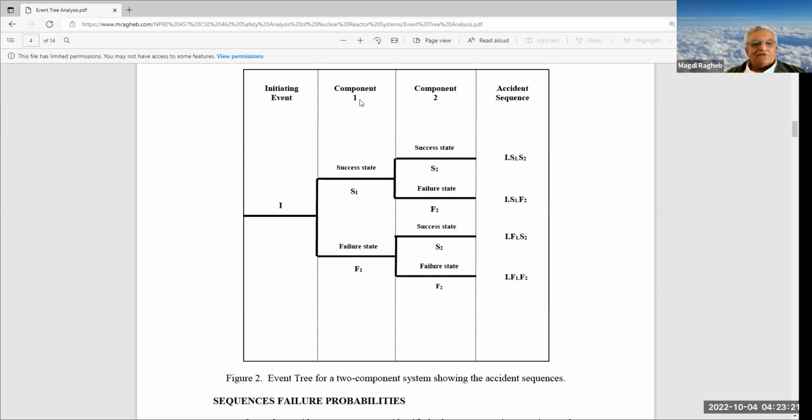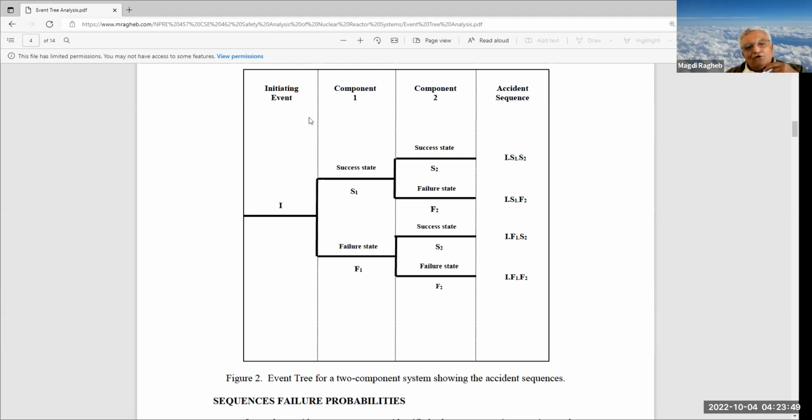And now that's component number one. Component number two also can have a success state or a failure state. We designate the success state as S sub 1 and the failure state as F sub 1, S sub 2 and F sub 2. You can see here the tree has already branched from an initiating event into four. For two components, we already have four possible branches in the tree.